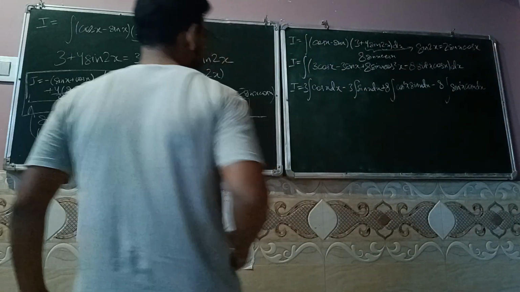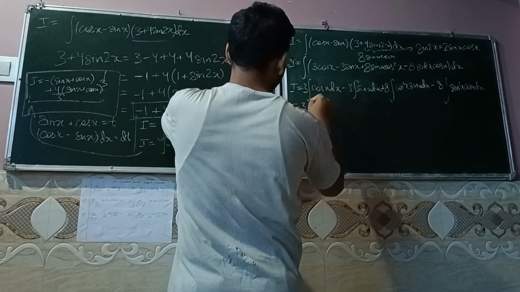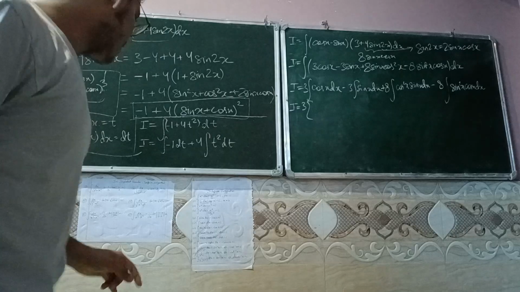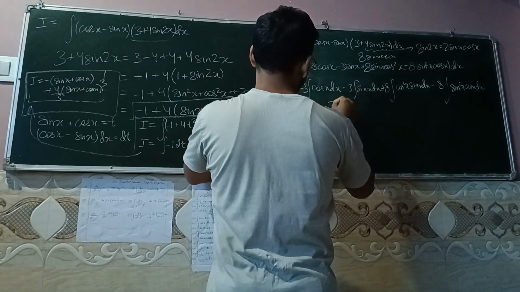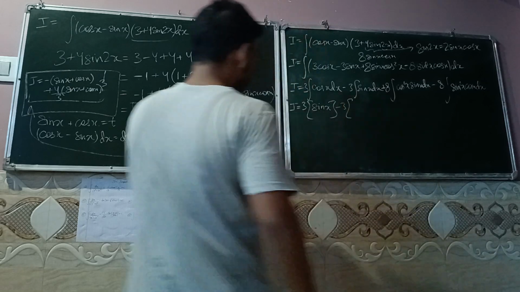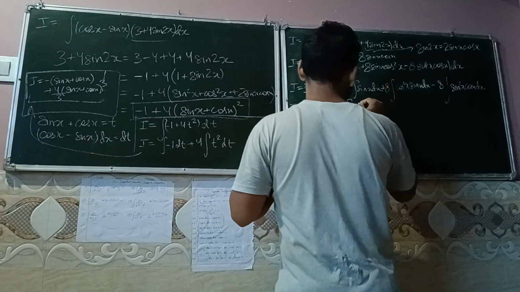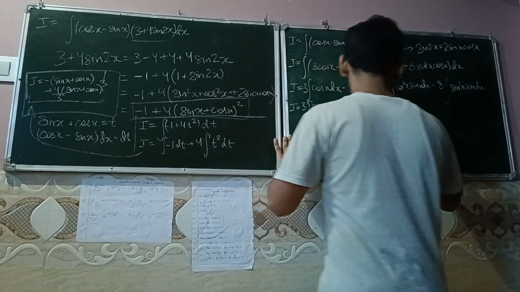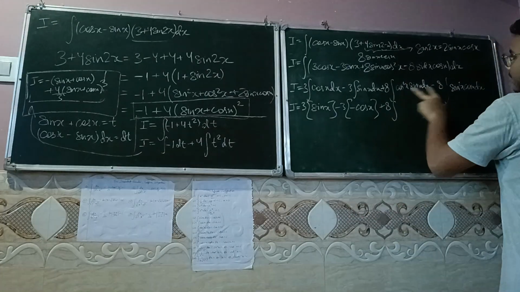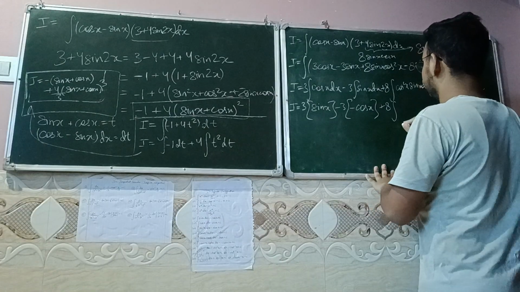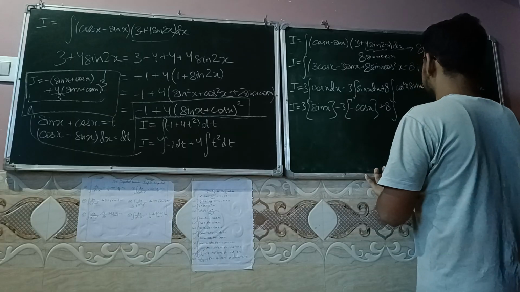These two are direct integrals and I have written their values over here. So I is 3 times the integral of cosine of x, which is sin of x, minus 3 times the integral of sine of x, which is negative of cosine of x, plus 8. In this integral, I'm letting cosine x be t, right?